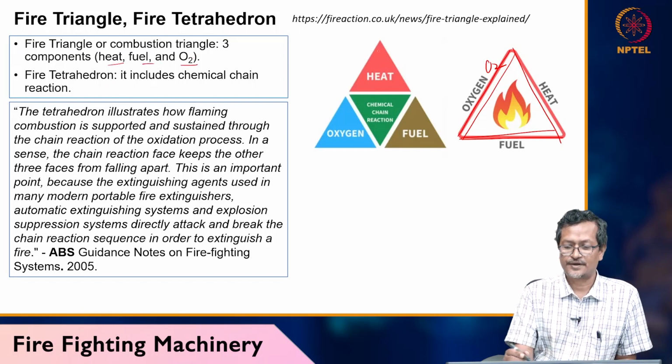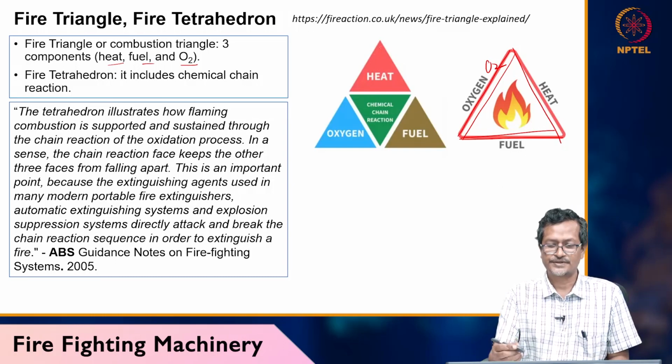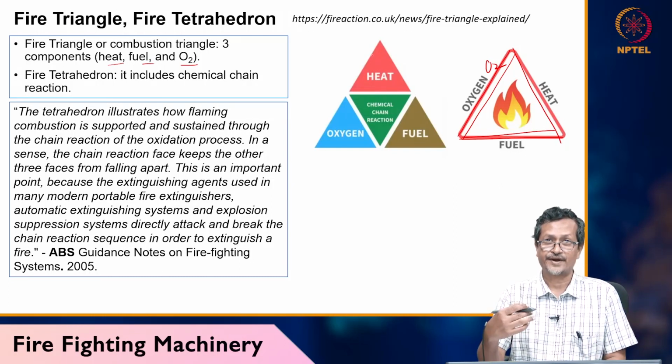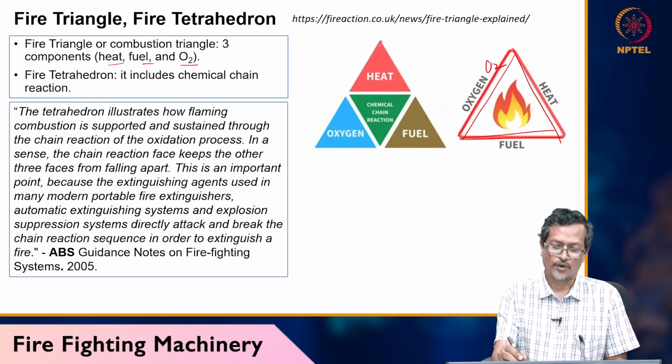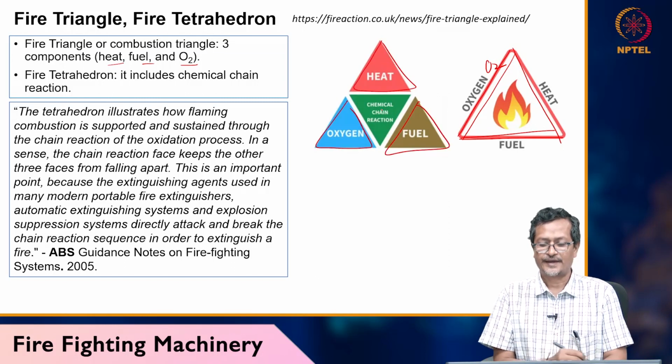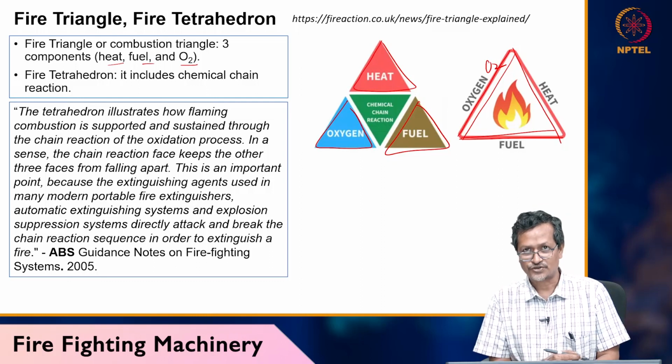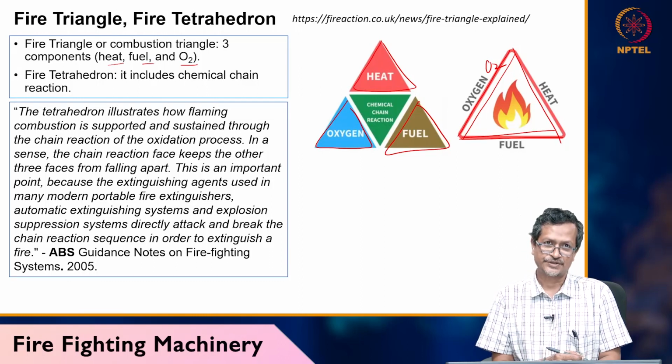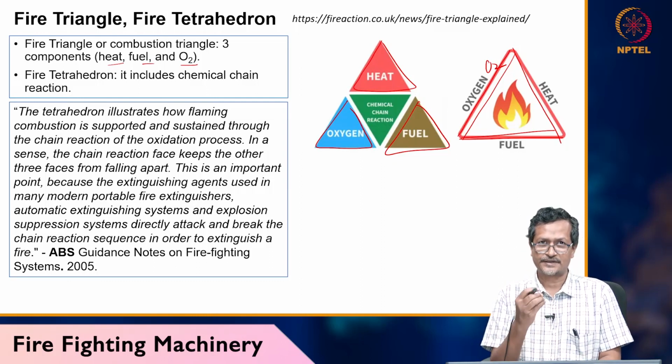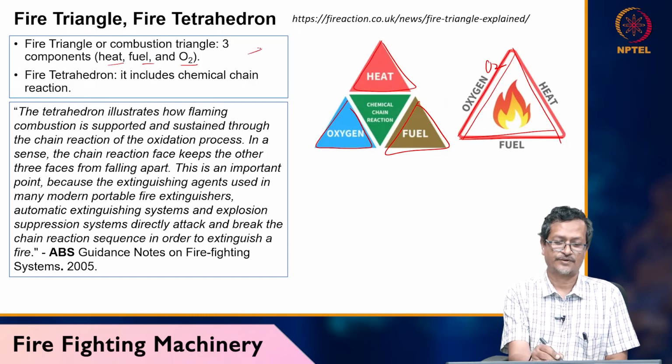Fire tetrahedron. Some other theory says there must be a fire tetrahedron. Tetrahedron means one is heat, another is oxygen, another is fuel, and another is the chemical chain reaction. What is the reaction? It is an exothermic reaction. When you are getting fire, it's actually an exothermic reaction.